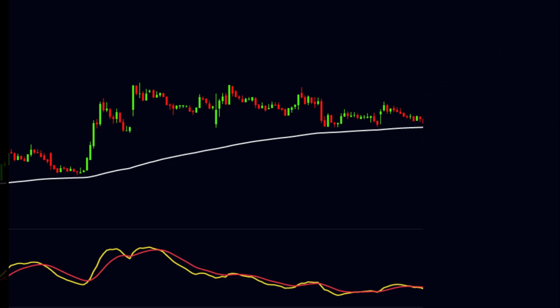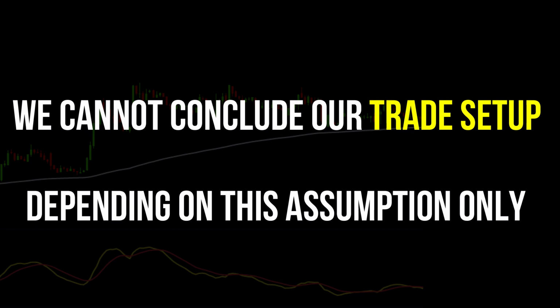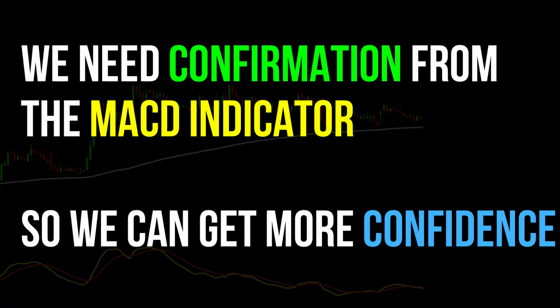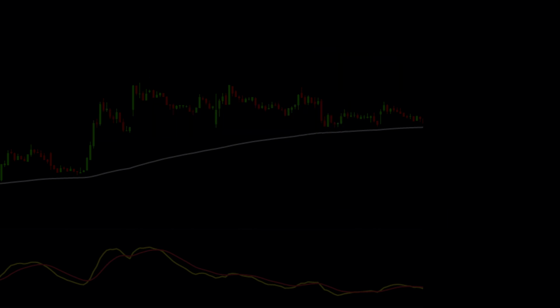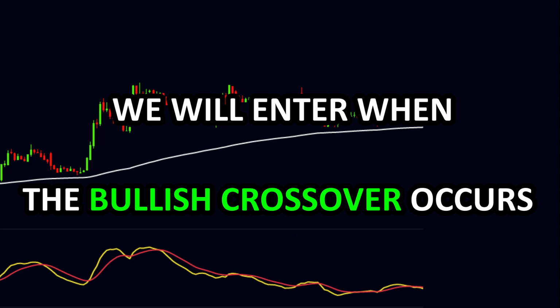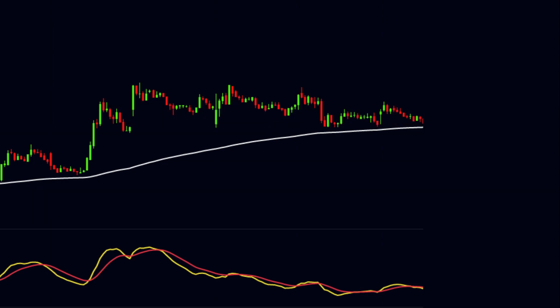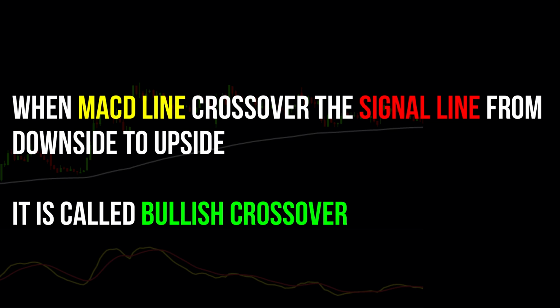But as discussed before, we cannot conclude our trade setup depending on this assumption only. We need confirmation from the MACD indicator, so we can get more confidence. We will enter when the bullish crossover occurs. When the MACD line crosses over the signal line from downside to upside, it is called a bullish crossover.